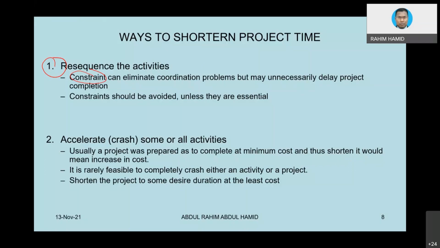And the number two is to accelerate, crash. This is what we are going to do actually. To crash some of the activity so that we can shorten the activity. At the end of the day, perhaps we can basically speed up activity and even shorten the project duration. Shorten the project to some desired duration and at least cost.